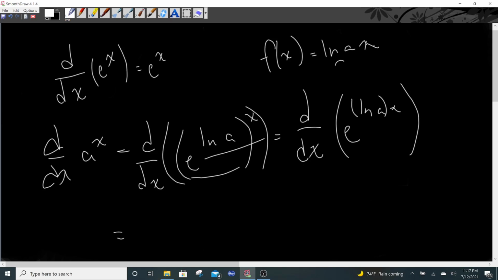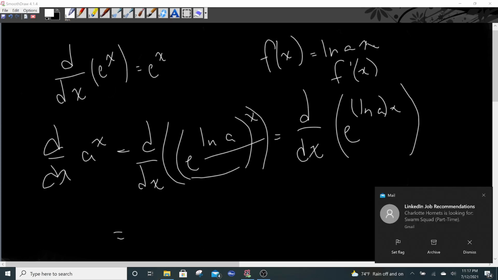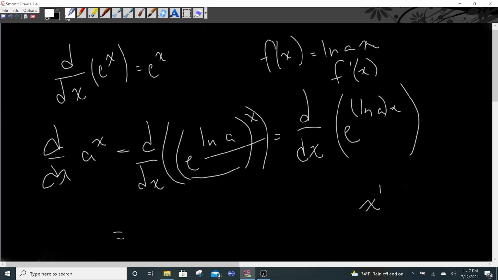The derivative of this, well, x to the 1, that derivative is going to be 1 times x to the 1 minus 1, which is obviously going to be 1, because anything to the power of 0 is 1, so we are left with just ln a, and that comes down pretty nicely to our e to the power of u times u prime.